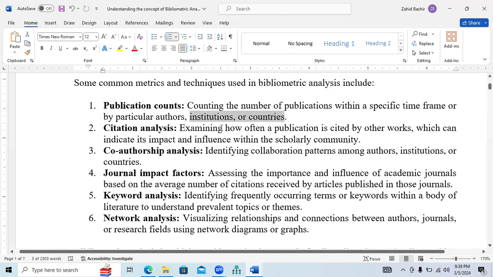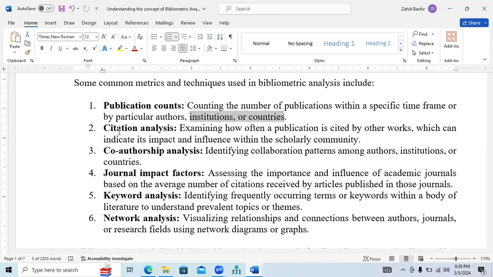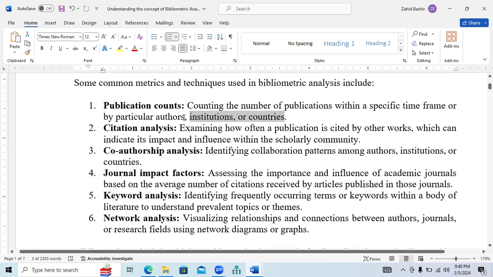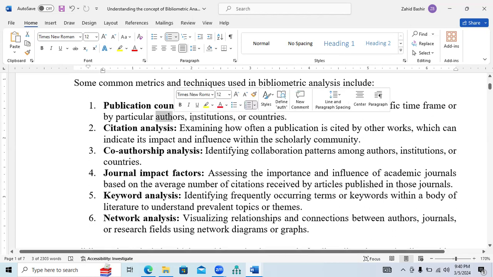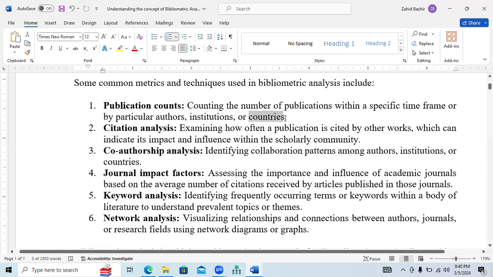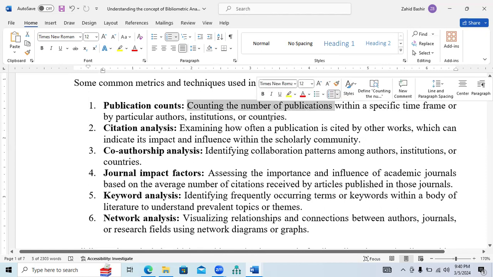Like in the case of sustainable finance, China is more prominent, USA is more prominent. In other domains, maybe other countries are more prominent. So it will let you know which authors, institutions, or countries are more prominent in a particular domain within a specific time frame, in terms of counting the number of publications.